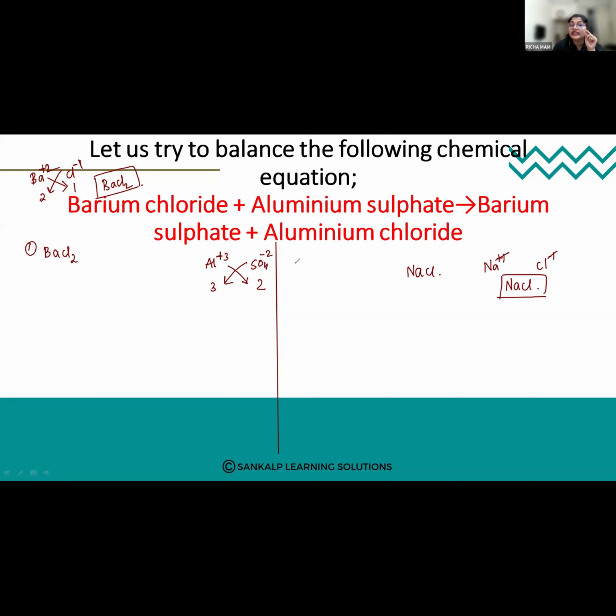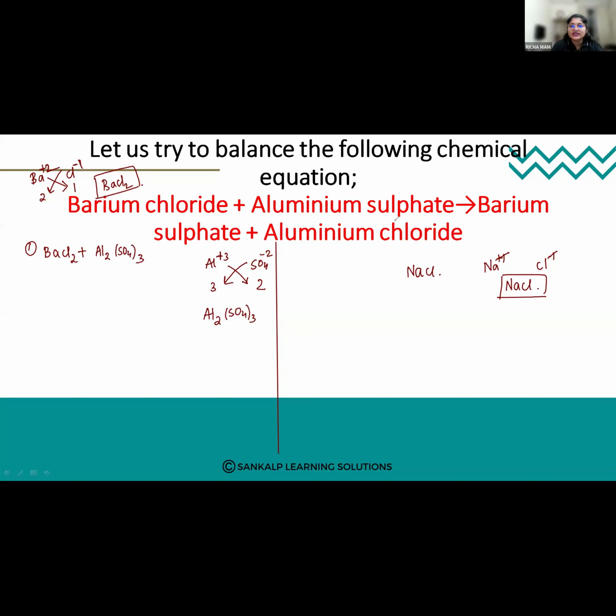But when you have unequal charges, just write the number below and crisscross the charges. What are you going to get? I'm going to get Al2(SO4)3. So this is our aluminium sulfate. I hope it is clear.